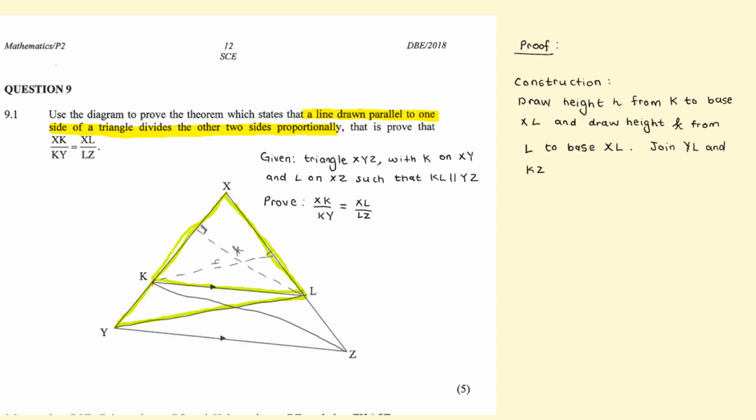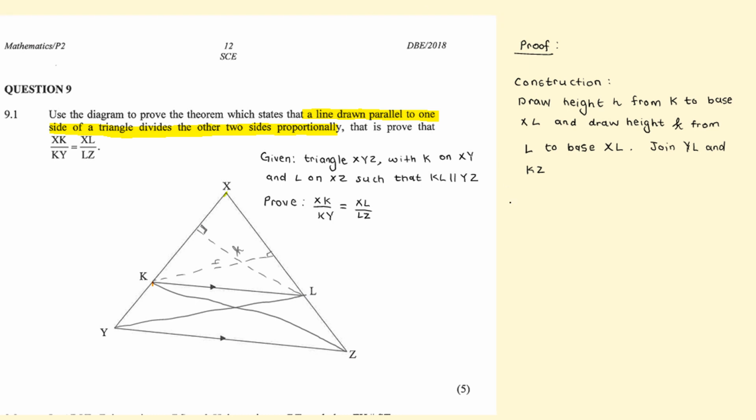For both these triangles, the height is K. Then on the other side, you have triangle XKZ, whose perpendicular height is H, and that is the perpendicular height for triangle XKL, and KLZ. Once you can see that, you'll be able to construct this proof.